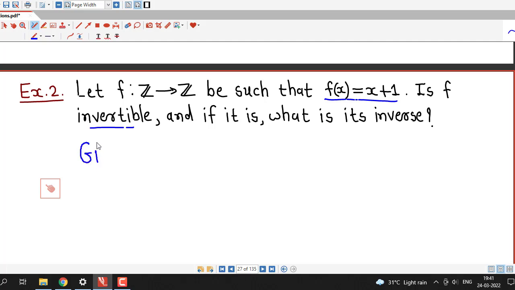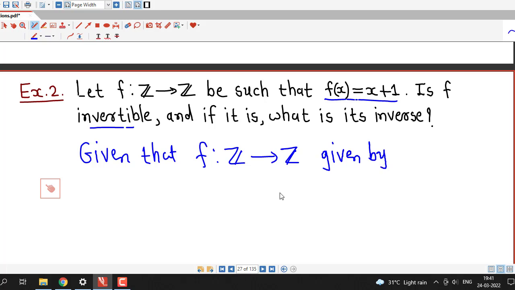So first we write down what is given. Given that f is a function from the set of integers to itself, and f is a function from Z to Z given by f(x) equal to x plus 1.